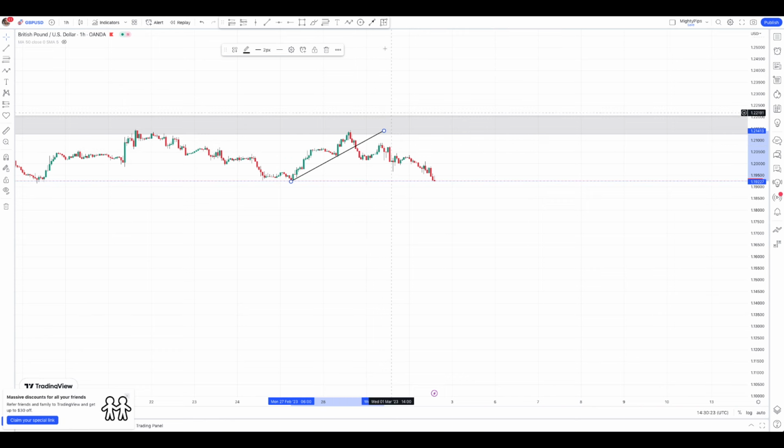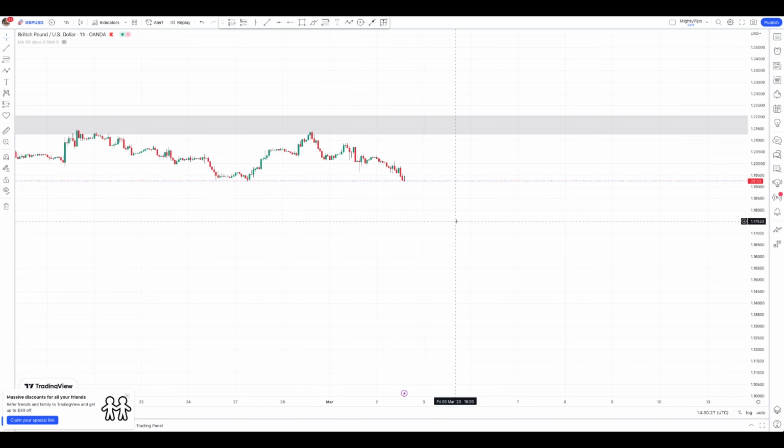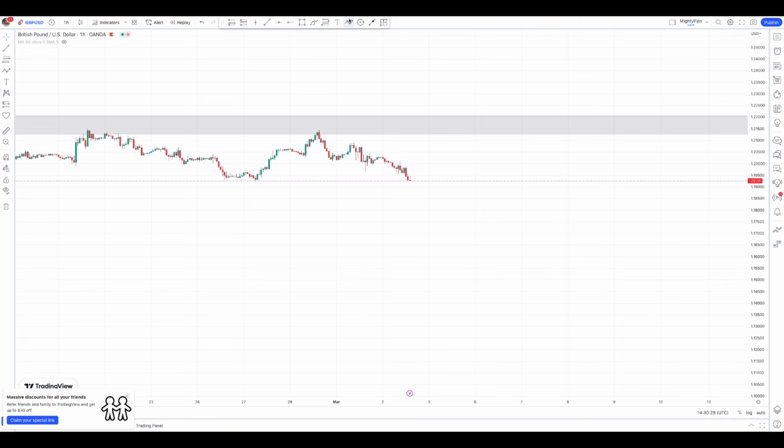but it is not too late to sell. Okay, why? Because now the market is creating lower lows, lower highs. Forgive my drawing techniques.